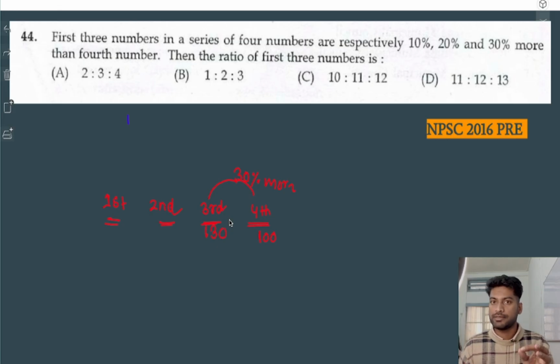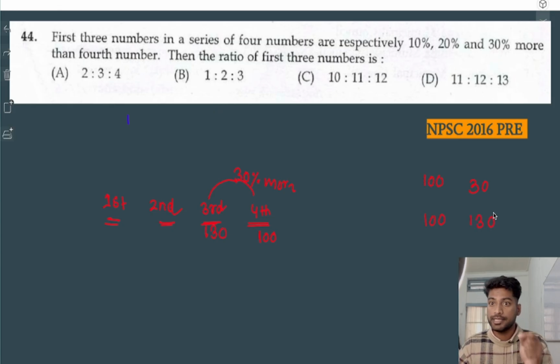But be careful. If it's like 30% only, suppose I am comparing one number as 100 and they are saying the second number is 30%, then you have to write only 30. But if they are saying one number is 100 and the other number is 30% more, then you have to write 130.